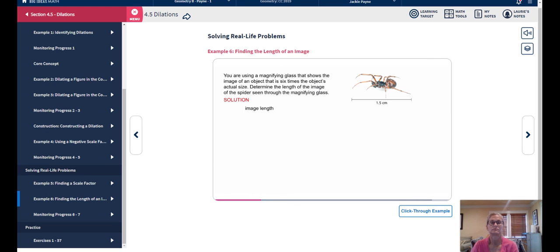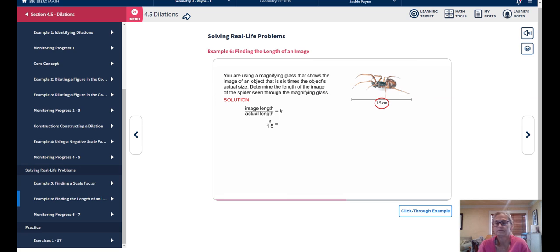Solution. The image length divided by the actual length is equal to the scale factor k. You are determining the length of the image of the spider seen through the magnifying glass. So let x represent the image length. The actual length of the spider is 1 5/10 centimeters. So substitute 1 5/10 for the actual length.